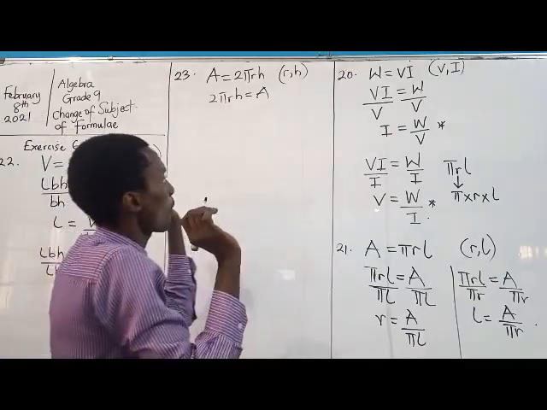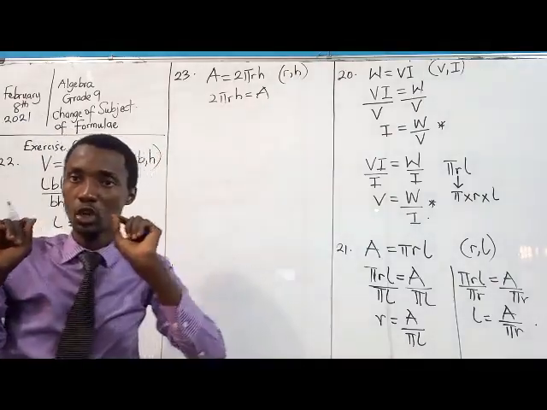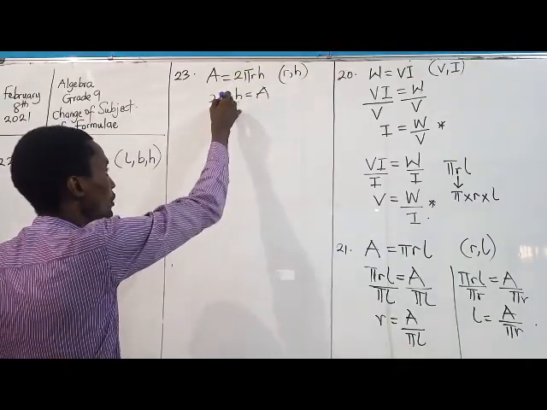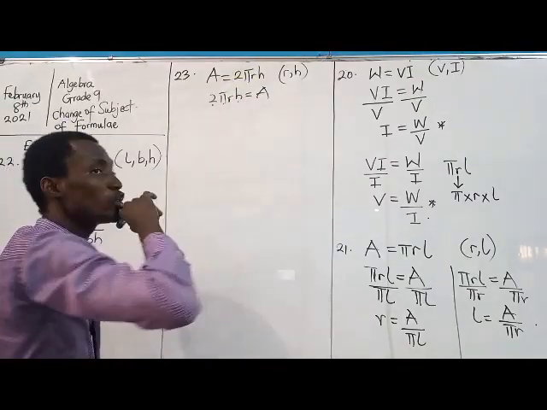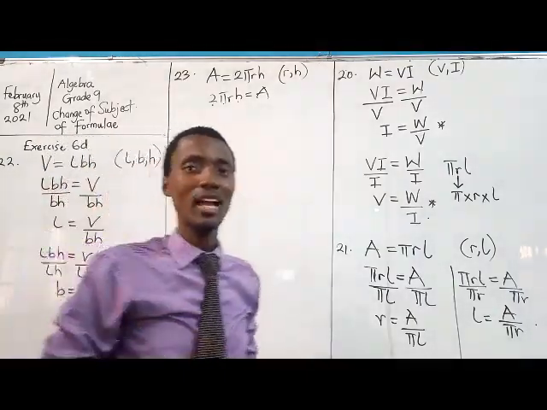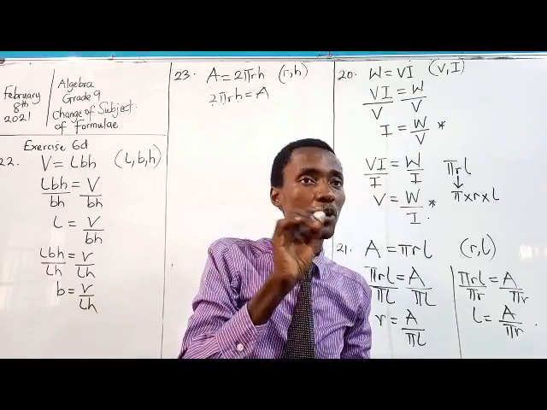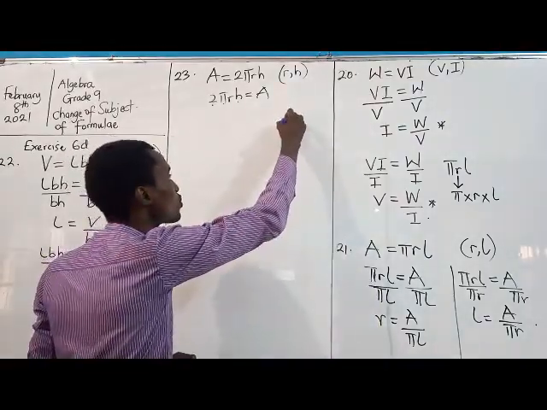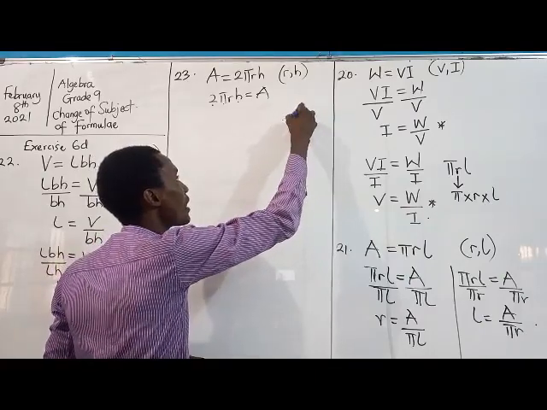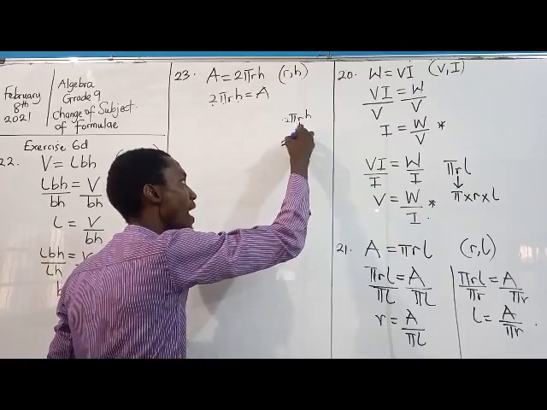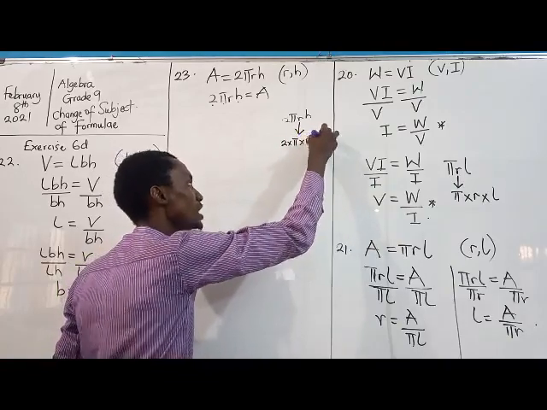So what do you do now? Let's assume that our emphasis is R, the subject. What don't we need? We don't need this, this, and this. So you divide both sides by what you don't need. Remember that 2 pi RH is interpreted as 2 times pi times r times h.